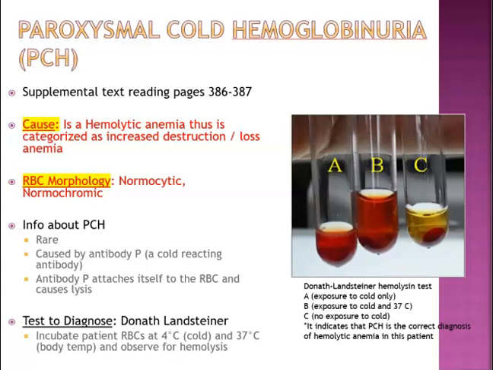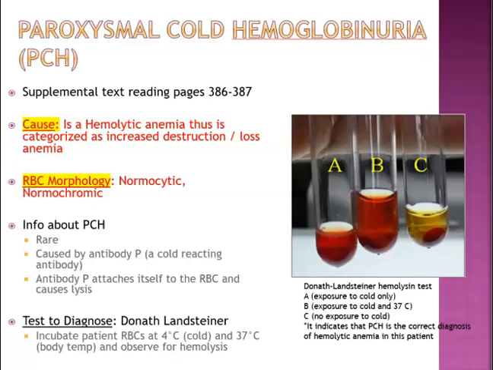It's caused by the antibody P. And remember, antibodies are a blood protein that's part of the immune system. And antibody P is actually a cold reacting antibody. The antibody P attaches itself to the red blood cell and causes the red blood cell to lyse.